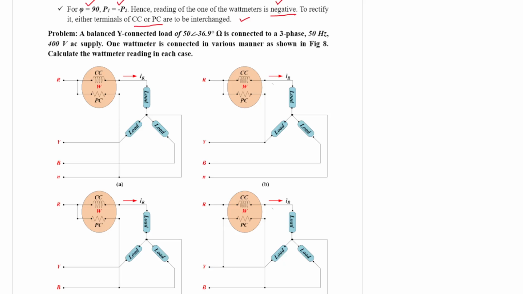So let us consider this problem. The problem statement is that we have a balanced Y connected load of 50 angle minus 36.9 degree ohms. So that means we have a load impedance of 50 angle 36.9 degree.